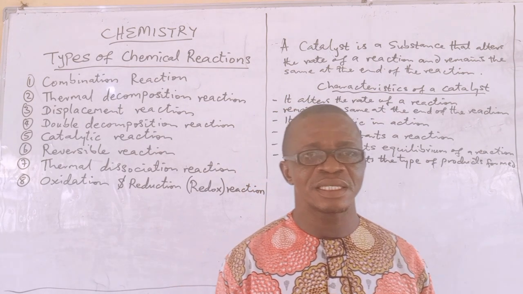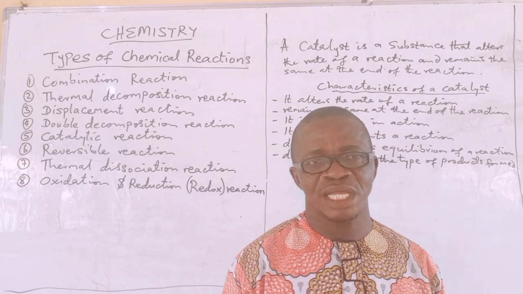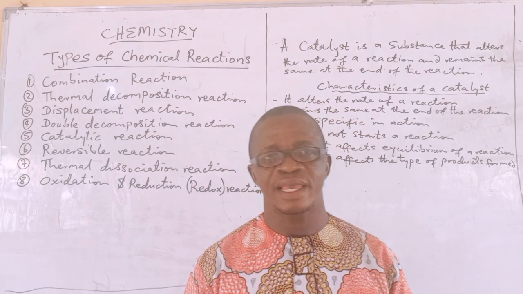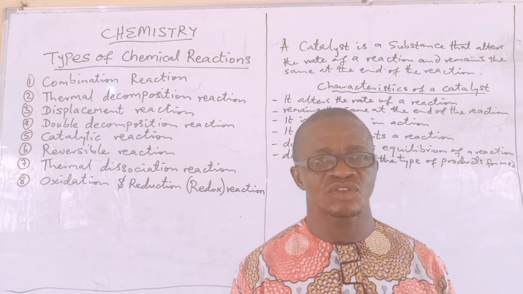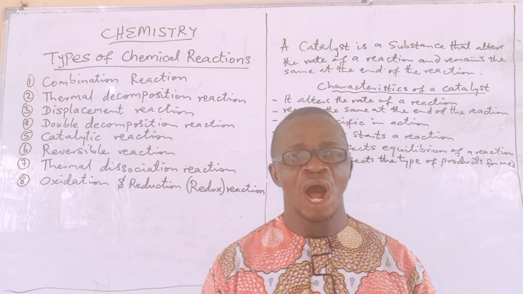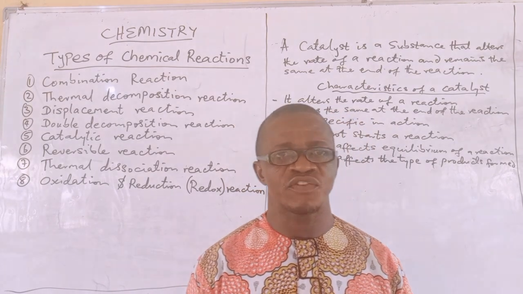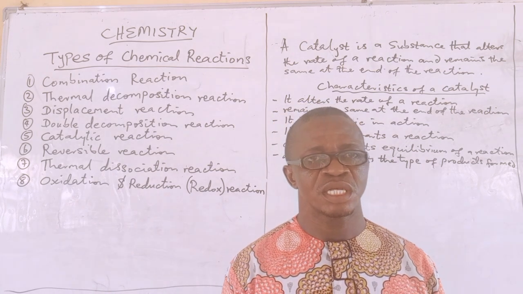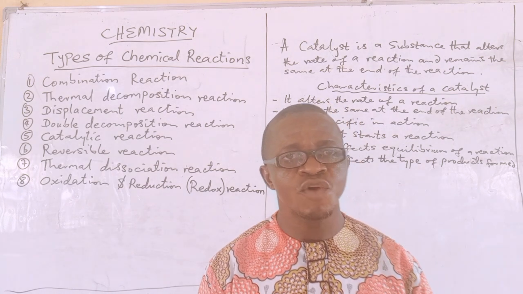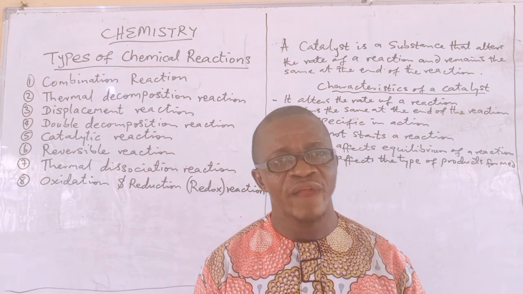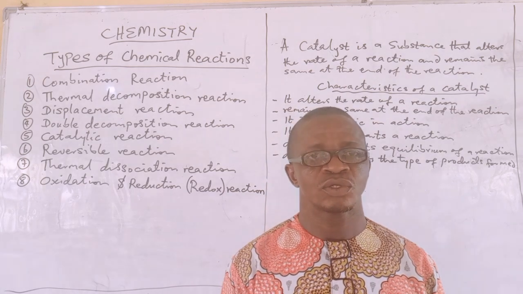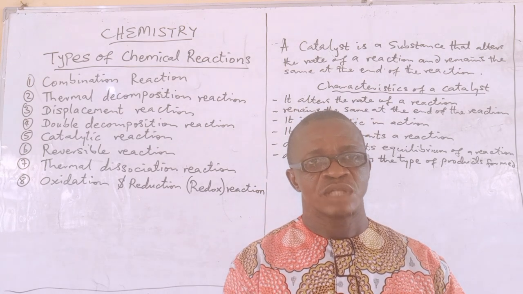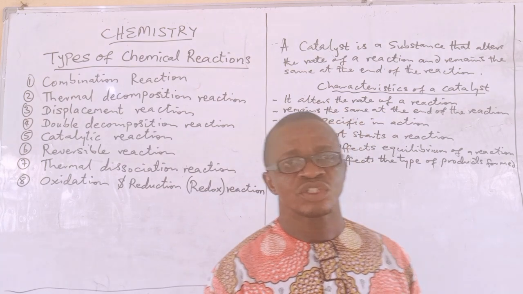That's a catalytic reaction. That substance you are using is known as a catalyst. What is a catalyst? A catalyst is a substance that alters the rate of a chemical reaction. It can either speed up or reduce the rate of a chemical reaction.